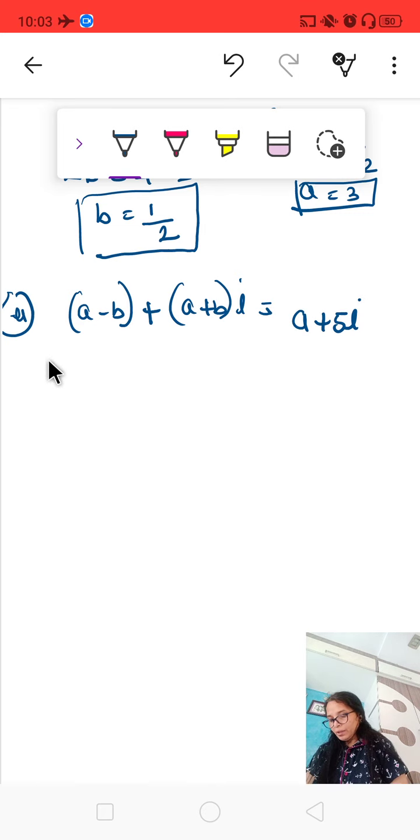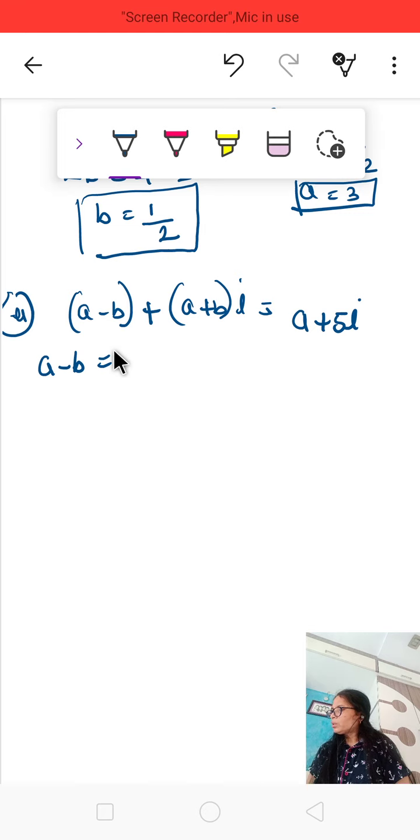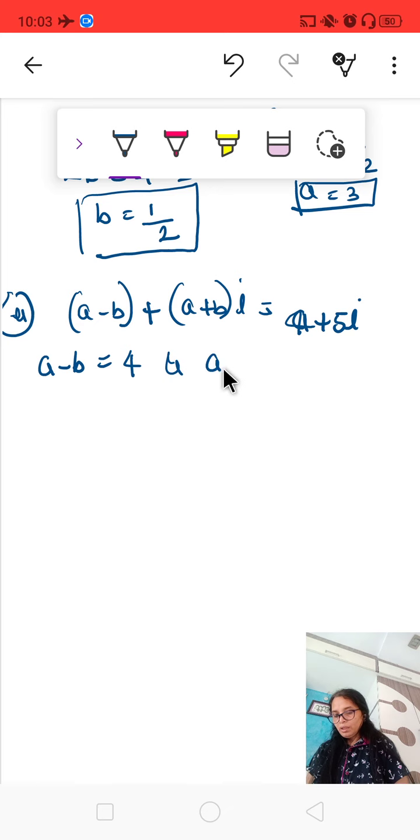Now again comparing, a minus b is equal to, no, it is a, they must have written something wrong. It should not be a, it should be some number over here. Let us make it 4. a minus b is equal to 4 and a plus b is equal to 5.